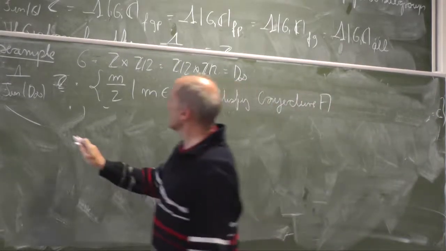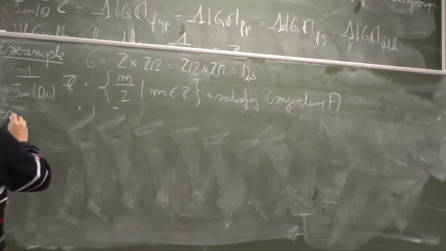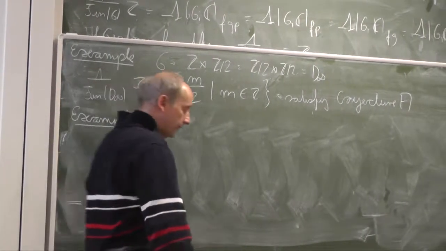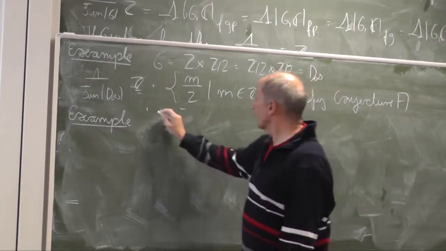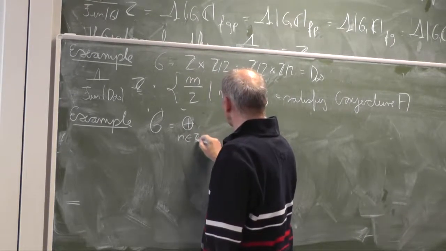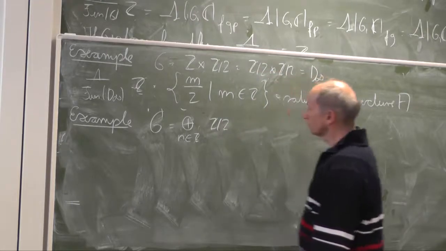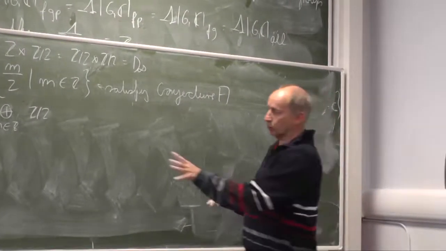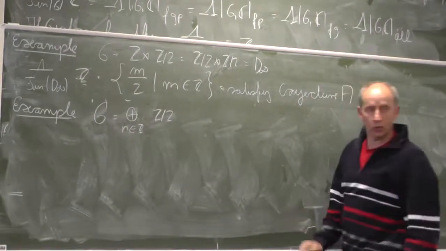But the next example is a kind of baby version of what people like Austin and Kowalski have done. Let's look at the infinite direct sum of copies of Z2. So I'm not passing to the lamplighter group right now, I just look at this group. Of course, this now has a lot of torsion. Right?